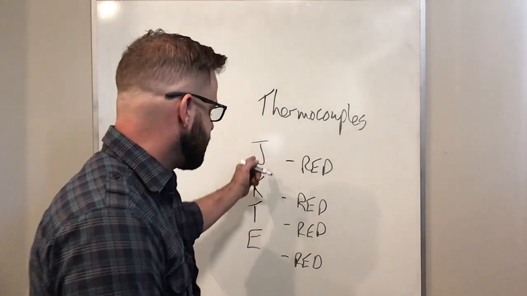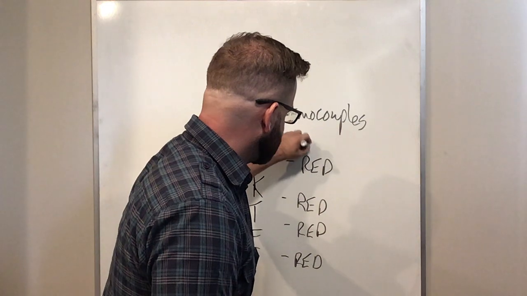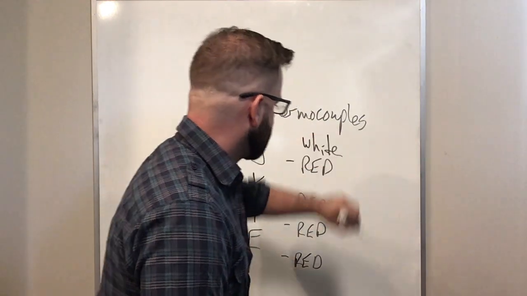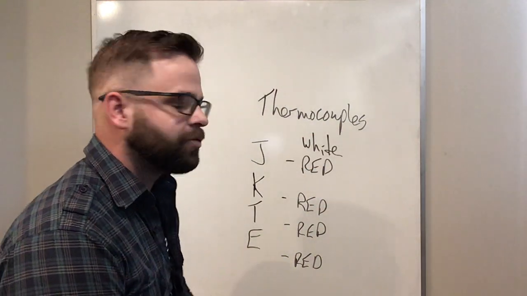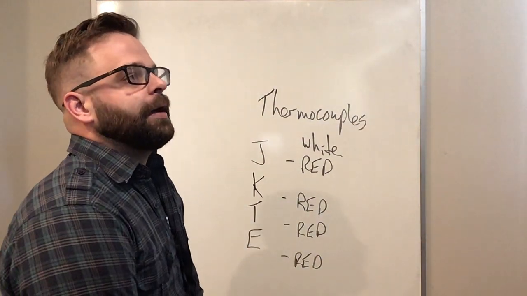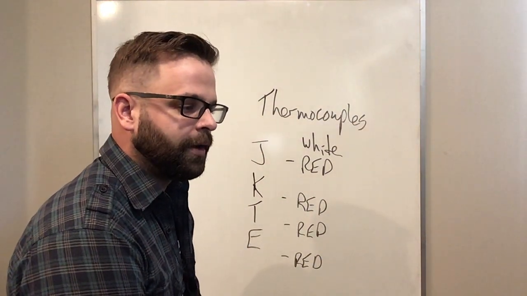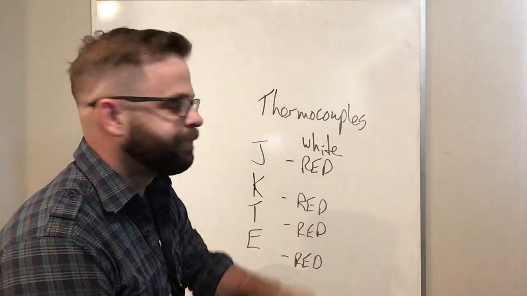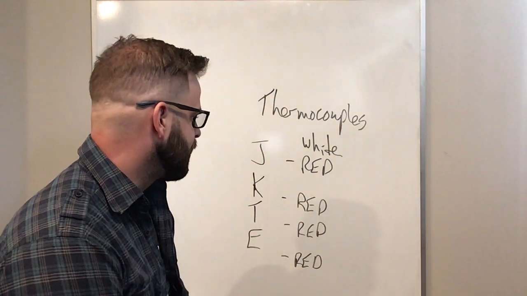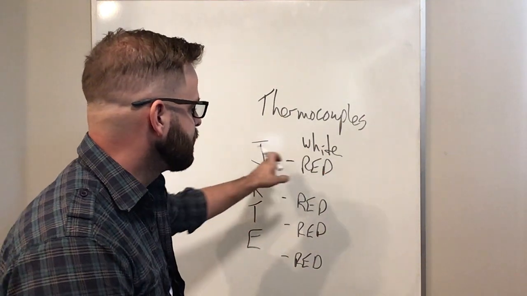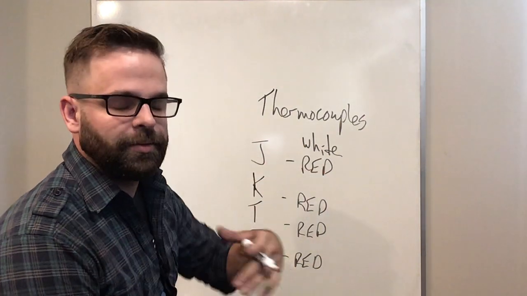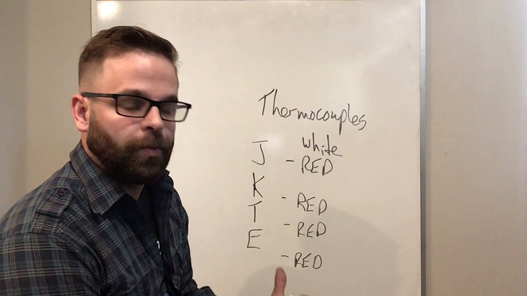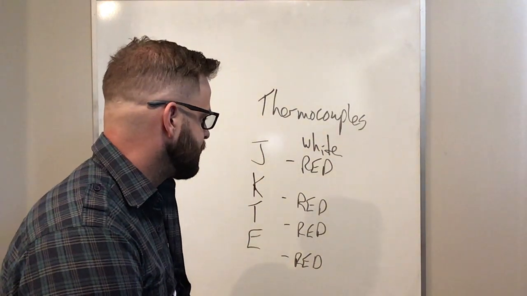The other wire, so when I type J, the other wire is white. And I like to try and think up some form of acronym for knowing what color is what, just so you don't always have to look it up every time. So white, J, W, you could use Jack White as a way to remember.